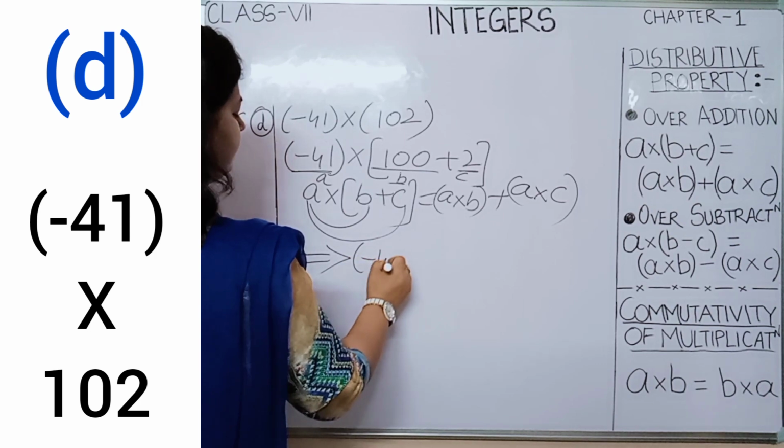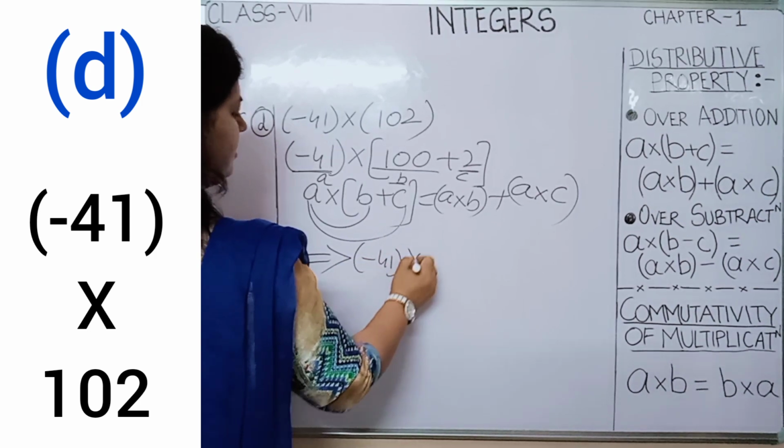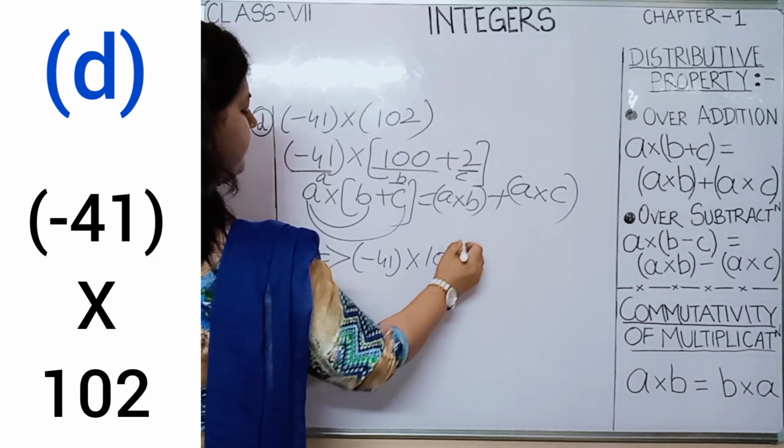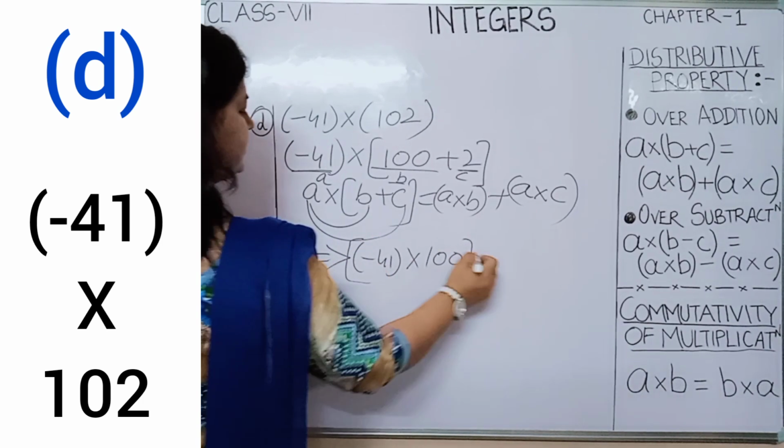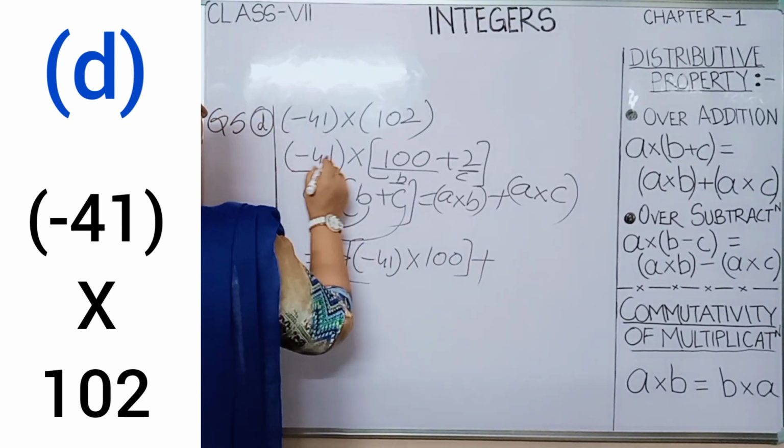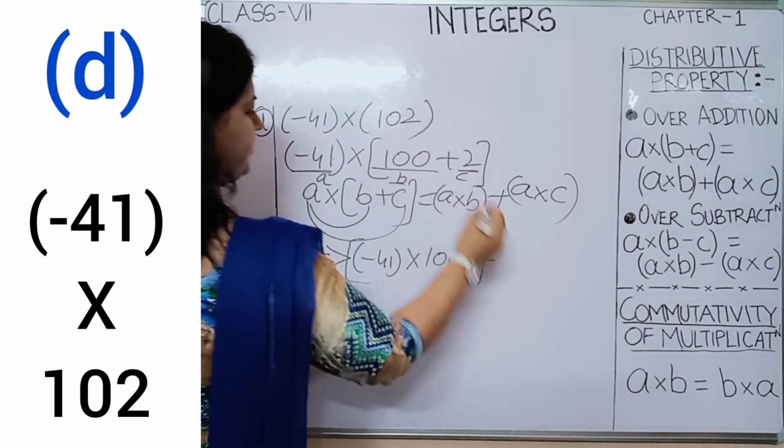Minus 41 multiply 100 and next plus minus 41 multiply with 2.